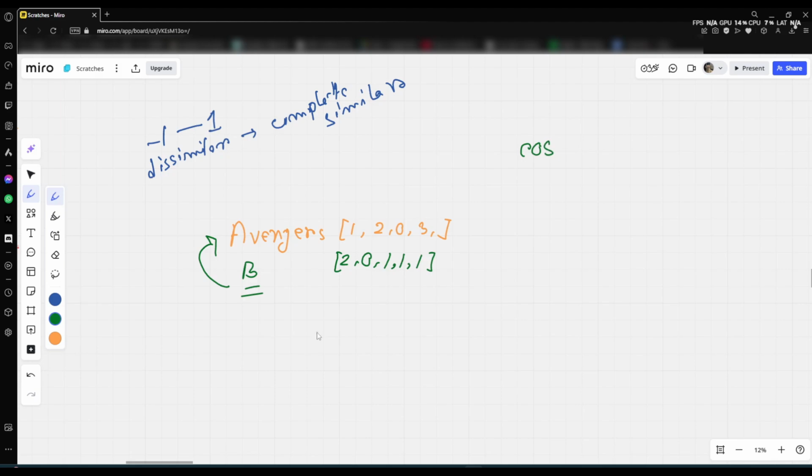Yes, cosine similarity. Oh, sorry, I forgot to write the cosine similarity. When we use cosine similarity, if the cosine similarity is high, we will recommend the movie.